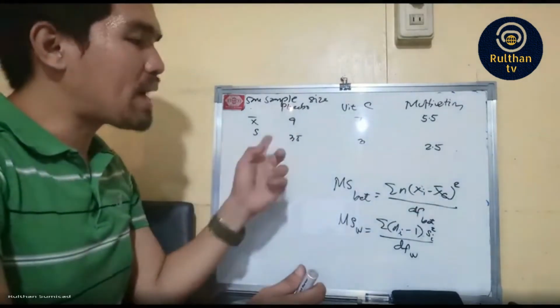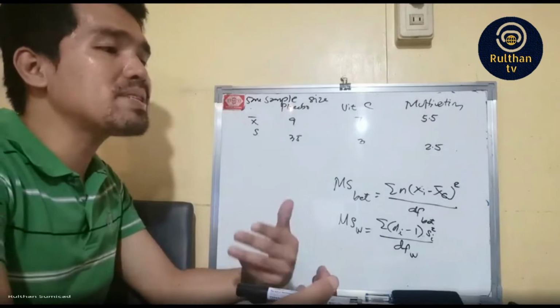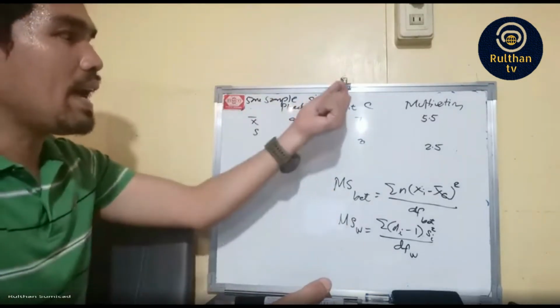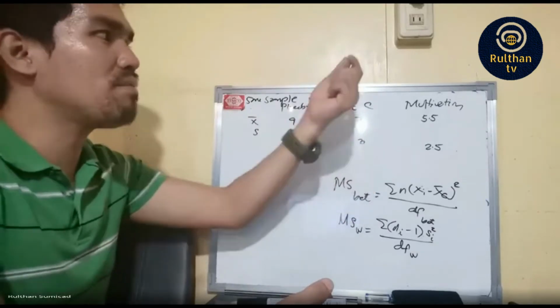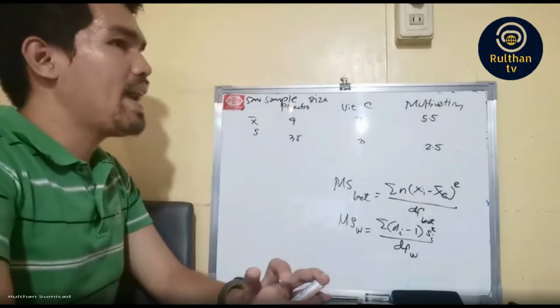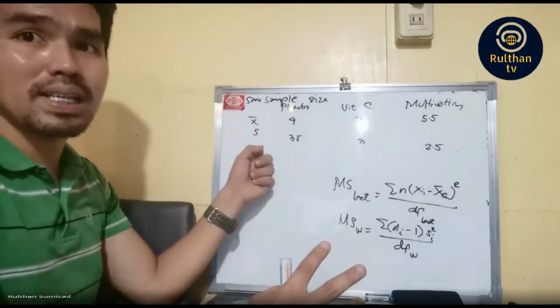The comparison made here is the average number of sick days for those who are not taking vitamin C, those who are taking vitamin C, and even those taking multivitamins where vitamin C is in there as well. We're comparing their number of sick days. This is the standard deviation of their sick days.